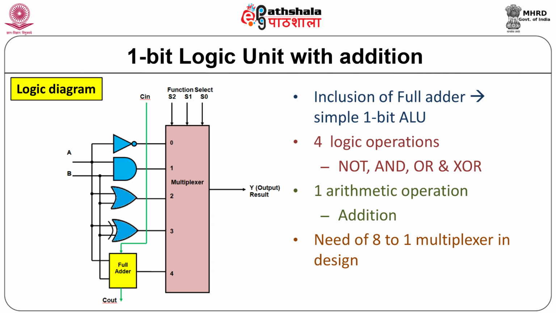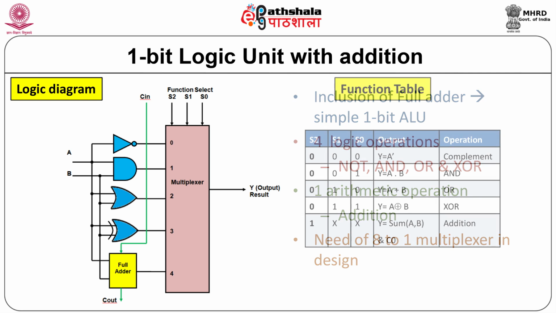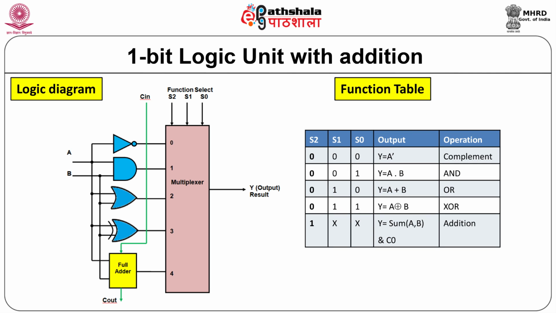In this unit, a simple 8 to 1 multiplexer is preferred for designing of logic unit with adder. To select one of 5 inputs, there are 3 select lines S2, S1 and S0. 3-bit binary input combinations are required to select inputs to obtain 1 arithmetic and 4 logic operations as shown in the function table.